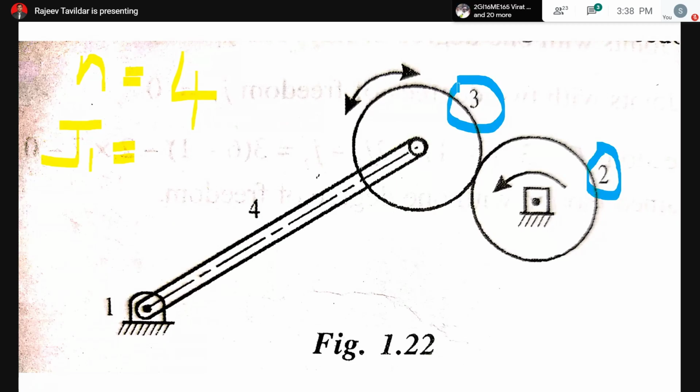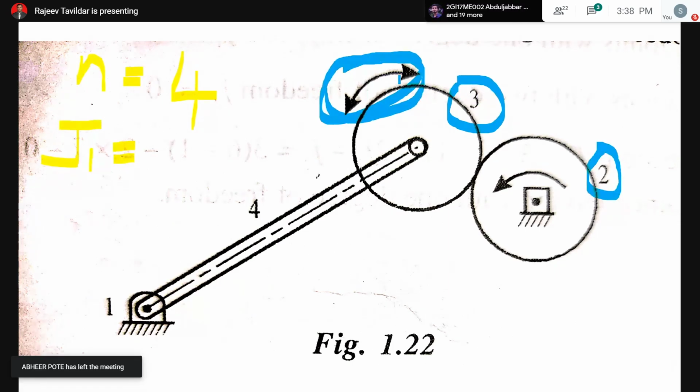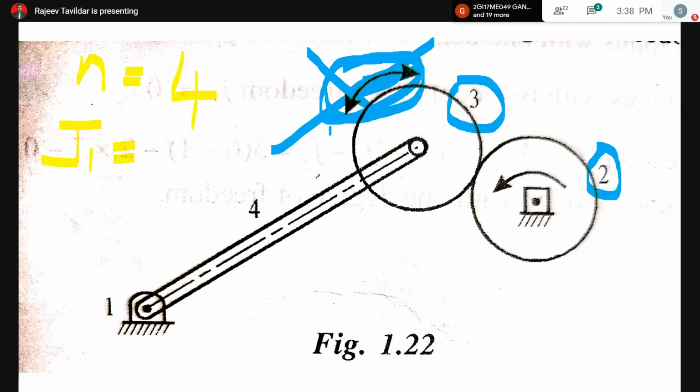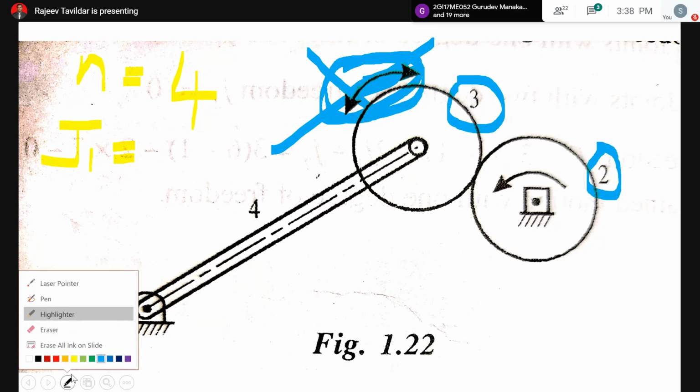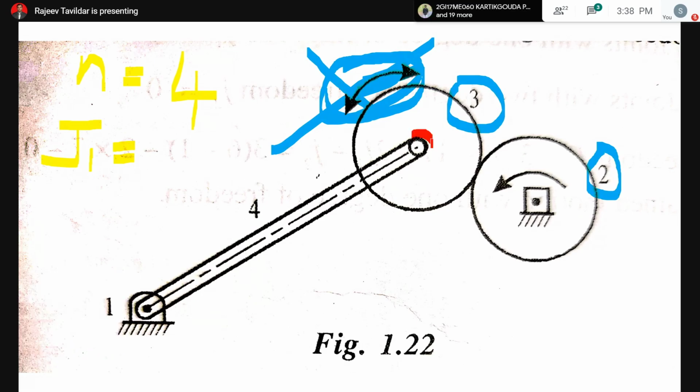Another combination would have been possible. I hope you can see this arrow over here. This arrow indicates that the disk or link number 3 is rotating. But if they don't show you this arrow, then we can also solve this problem by considering a third case, that at this particular point it may be welded.